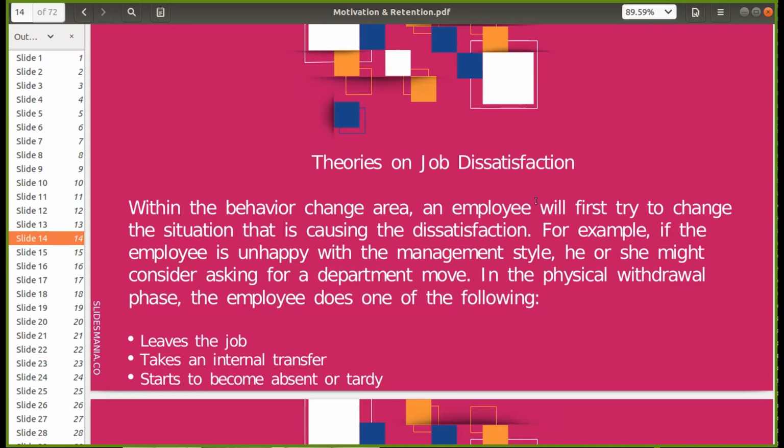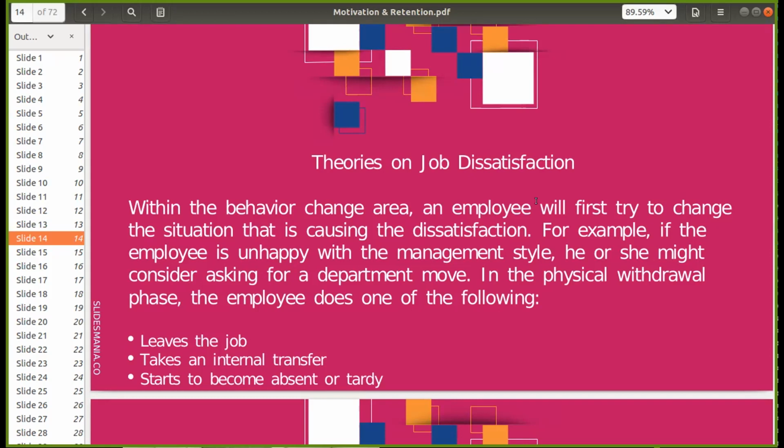Okay, sa physical withdrawal naman, ang gagawin sa physical withdrawal phase, pag hindi siya pinayagan na lumipat ng department, hindi siya pinayagan ng boss, or ng higher ups, higher management, no?